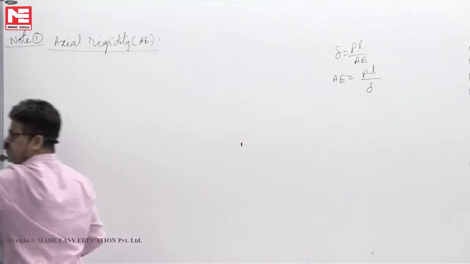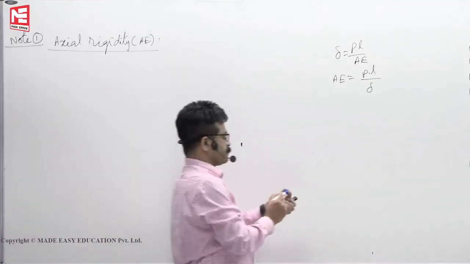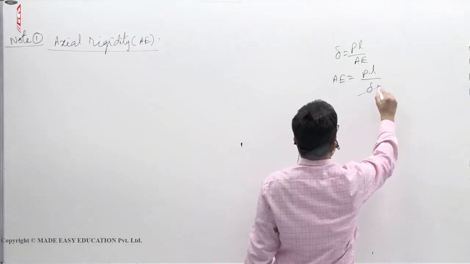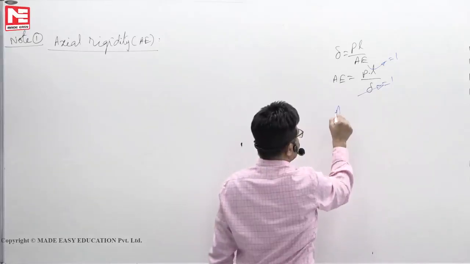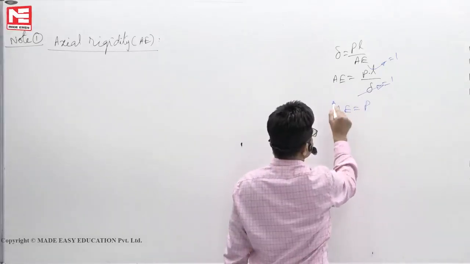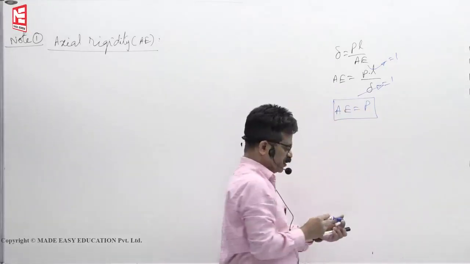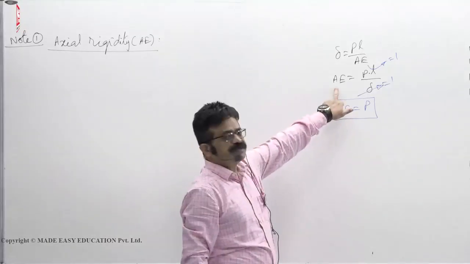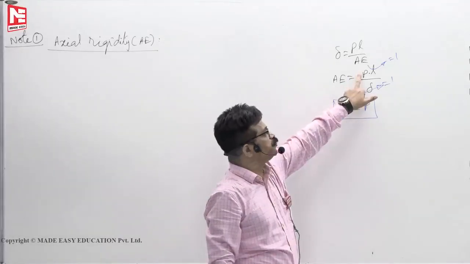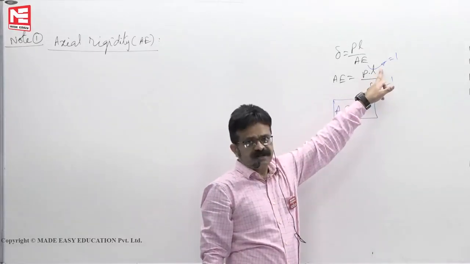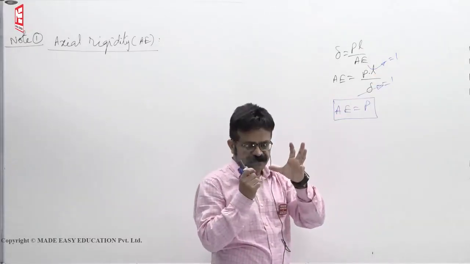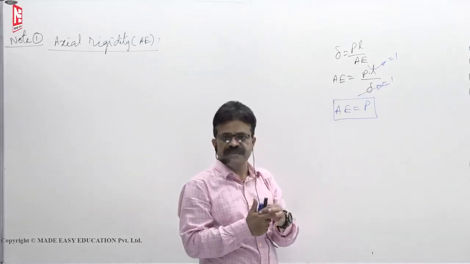Now, supposing that if delta is equal to 1, length also will become 1 say, then AE becomes P. That means axial rigidity means it is the load required to produce unit deformation in a unit length of a bar. That force we call it as axial rigidity.